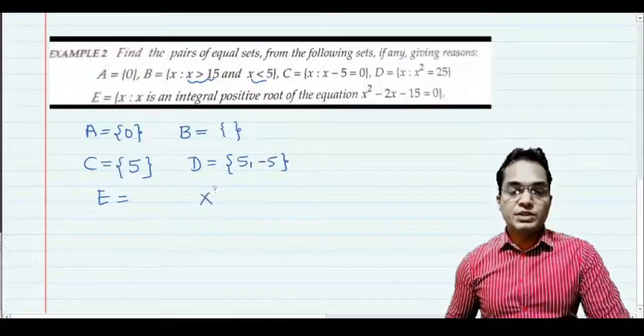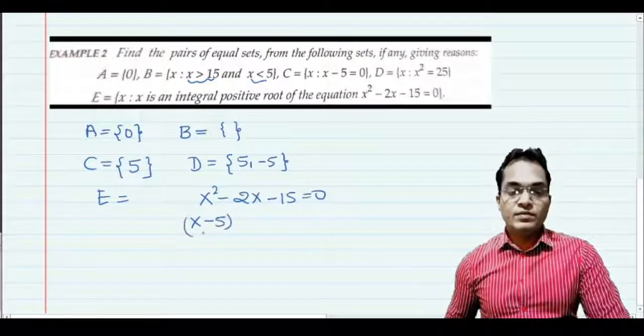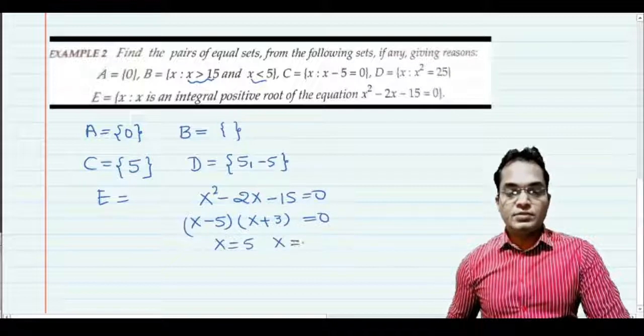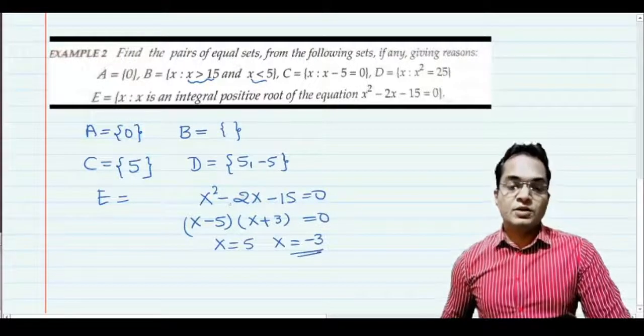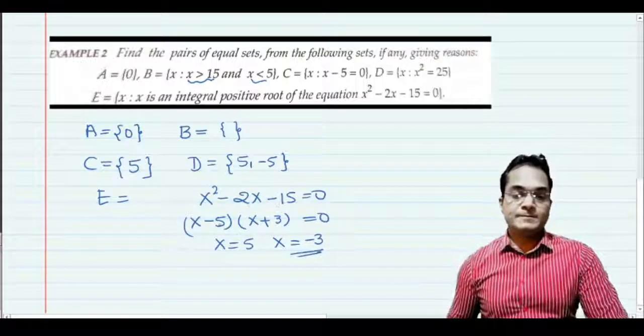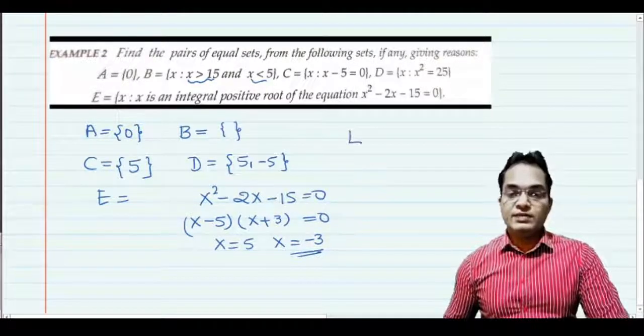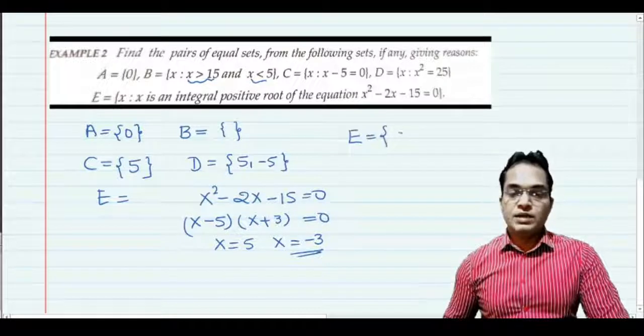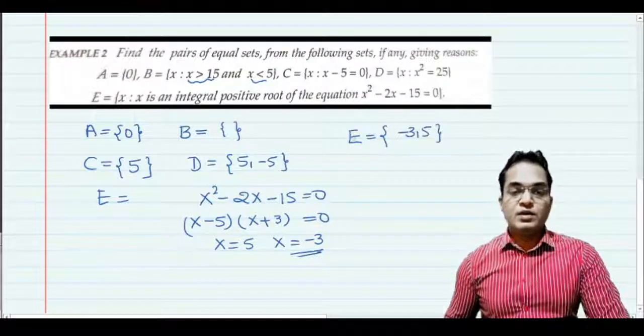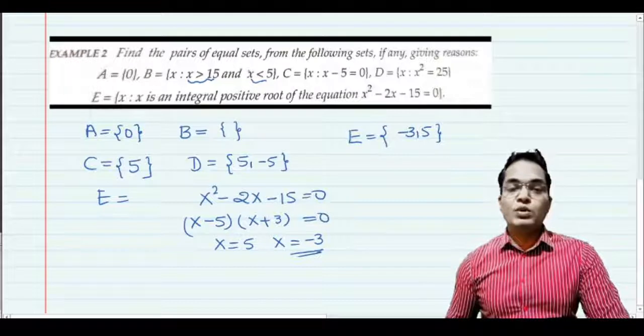Then we have to solve this equation: x square minus 2x minus 15. Factorize it, it gives me (x minus 5)(x plus 3). Roots will be x equals to 5 and x equals to minus 3. Check it. Yes. Now which are the equal sets?